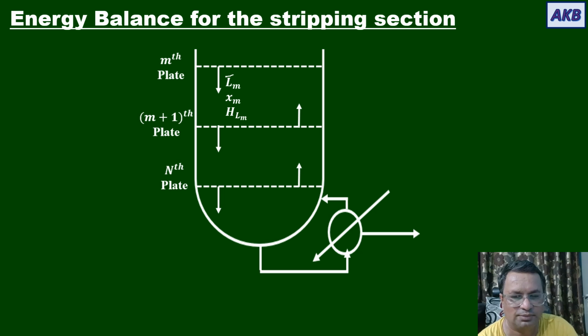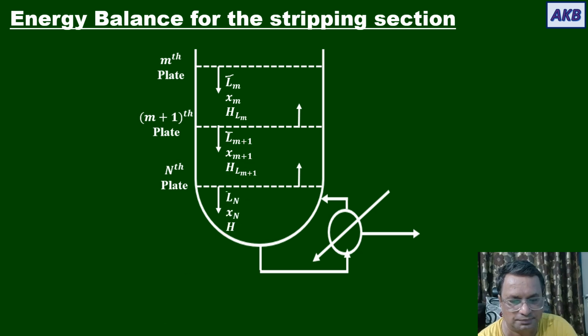The liquid stream that is coming from the mth plate will be identified by L bar m, the liquid flow rate, xm the mole fraction of A, HLm the enthalpy per unit mole for this liquid stream. Similarly, liquid coming out of the m plus 1th plate will be identified as L bar m+1, xm+1 and HLm+1: flow rate, mole fraction of A and enthalpy per unit mole.